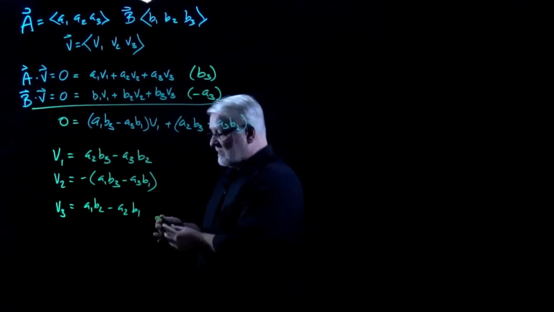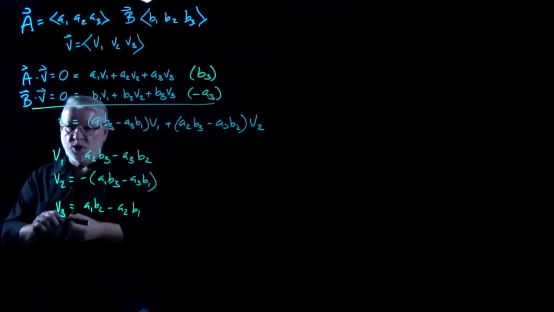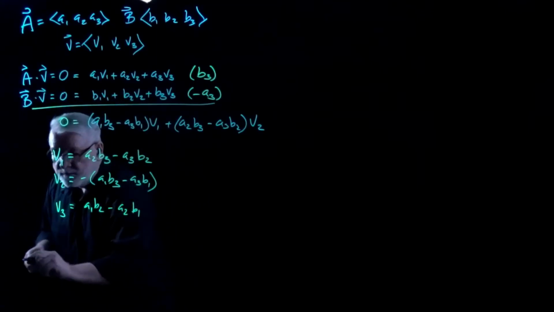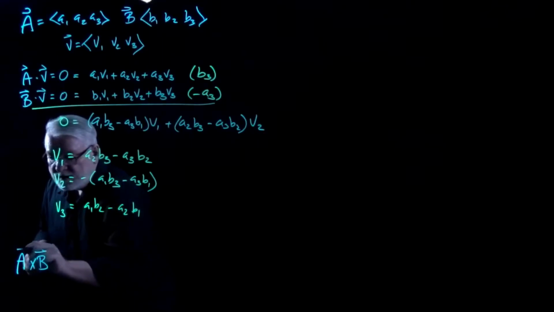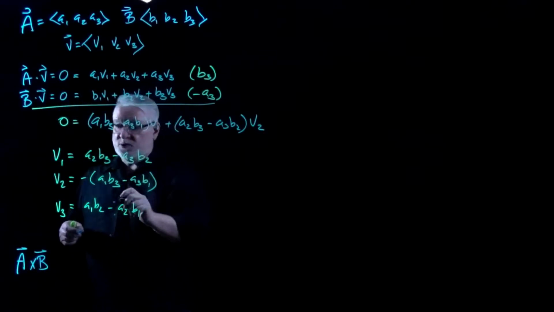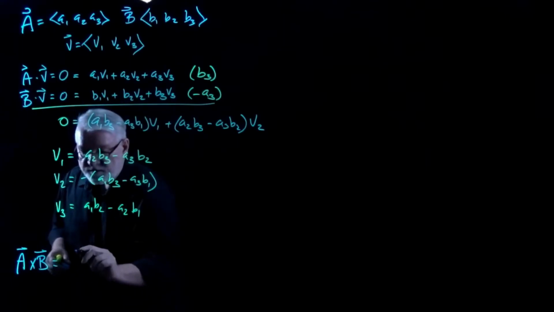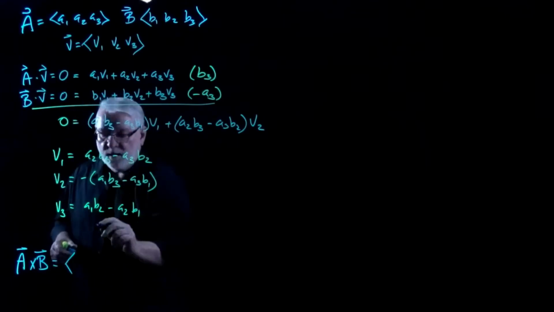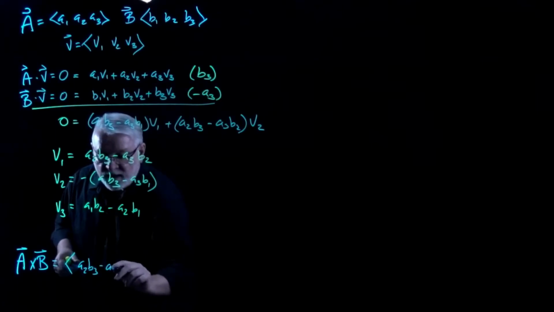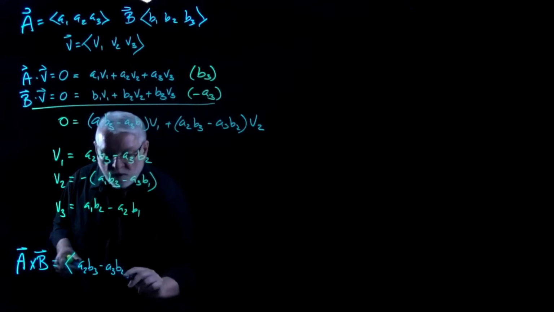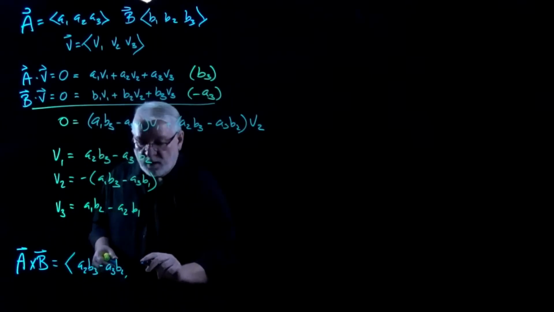So let's write out the entirety of it. In addition, I'll show you the symbol for the cross product. If we take A cross B, with A and B being defined by the vectors above, then the vector it produces will be A2, B3 minus A3, B2. That'll be its x component.